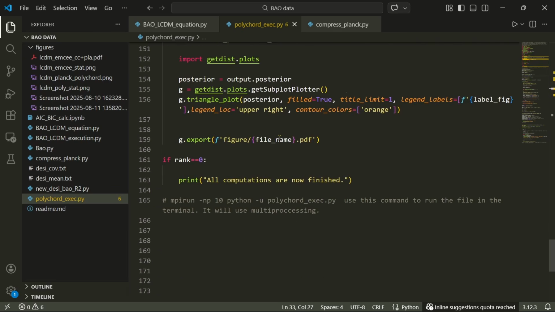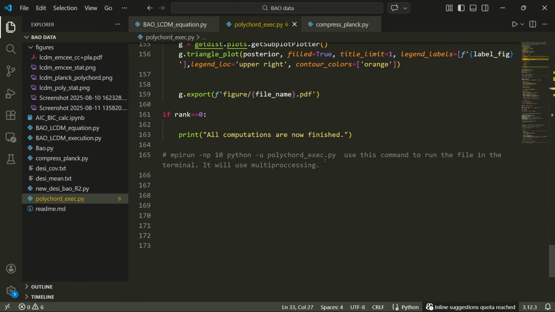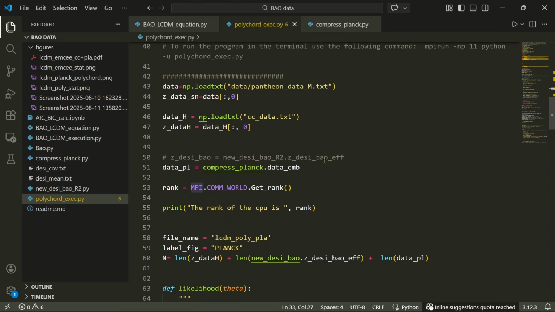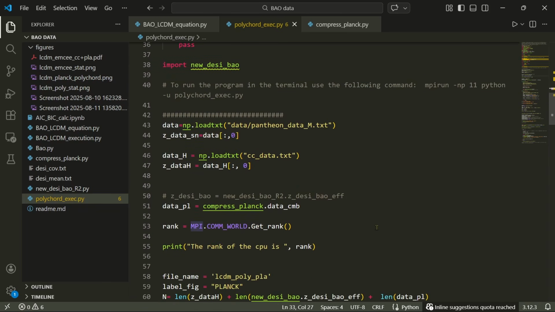All right. If you use a supercluster or high performance computing, then you have to make a certain bash file. I will update it in a later video where I will talk about Planck and all these things. I hope you understood all the parts, because the video has already exceeded 1 hour.